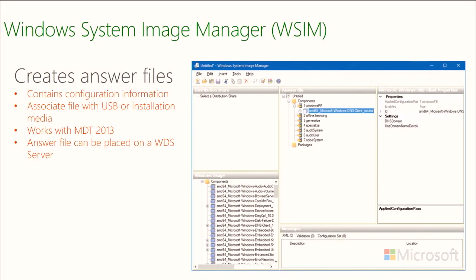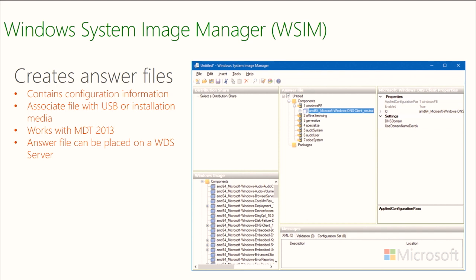One of the other tools that we'll want to mention is the Windows System Image Manager, or WSIM. Never know how to say it correctly, but WSIM. You can actually create answer files that are the same set of configurations that you're expecting to install using the out-of-box experience, or OOBE, when you're actually imaging your device.